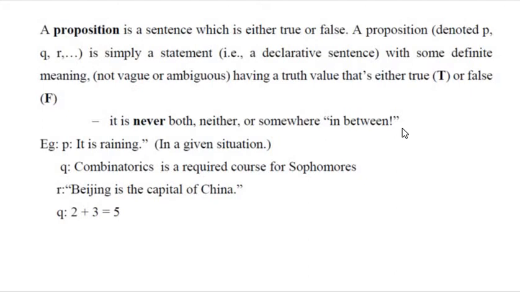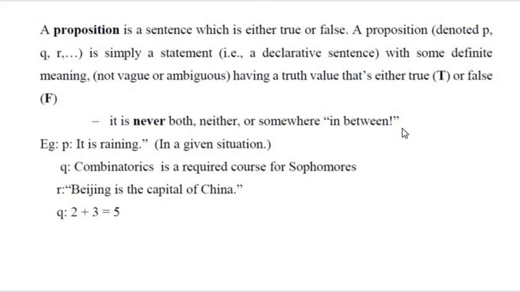A proposition is either true or false. The truth value of a proposition is denoted by T or F, or by using 1 and 0. It is never both, neither, or somewhere in between.